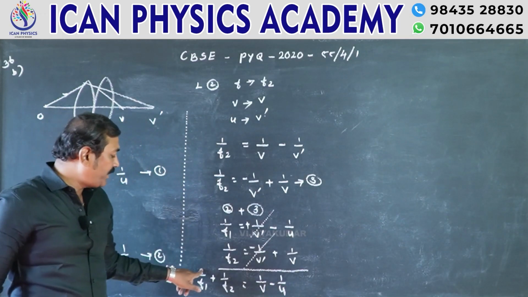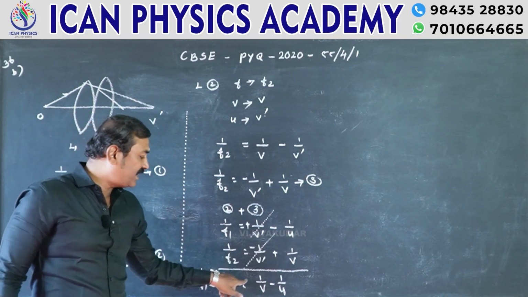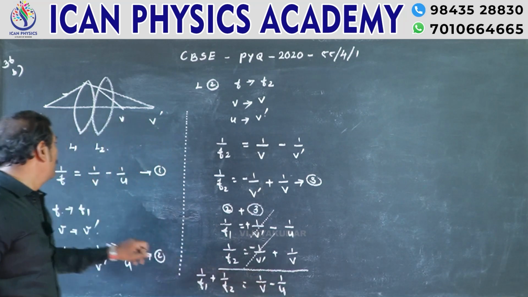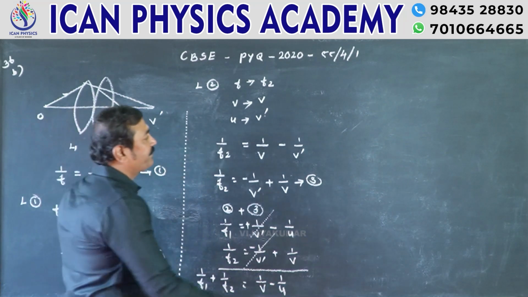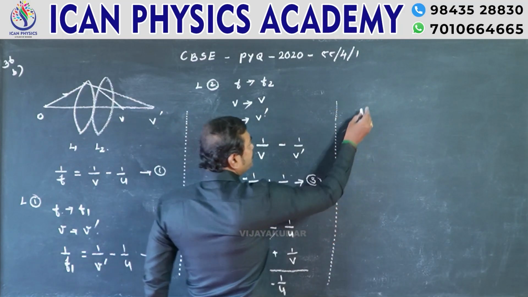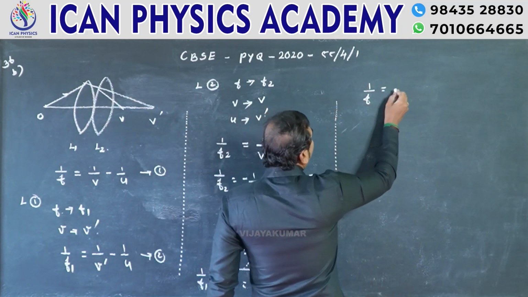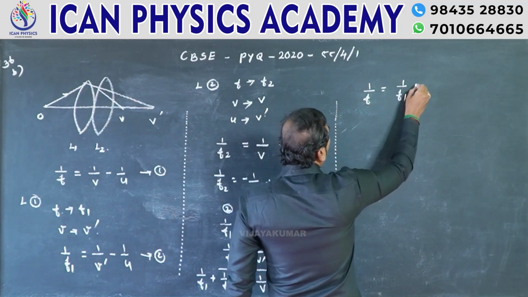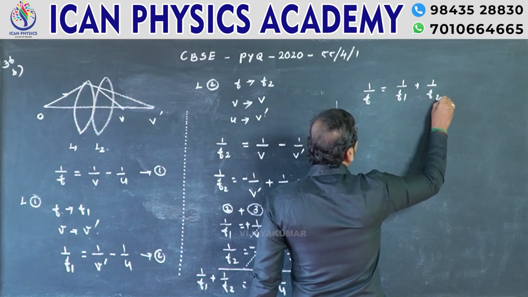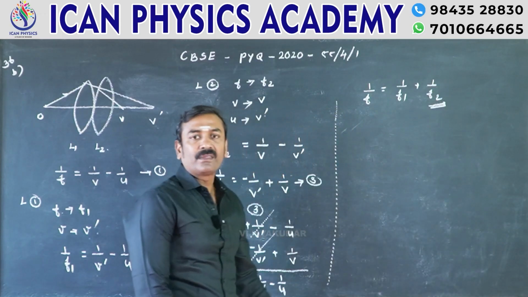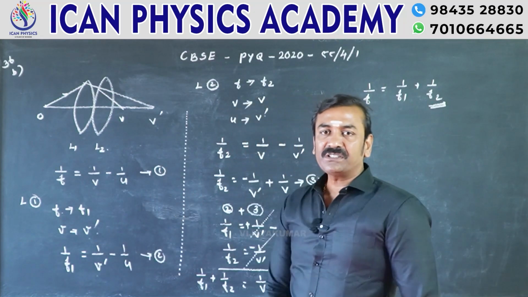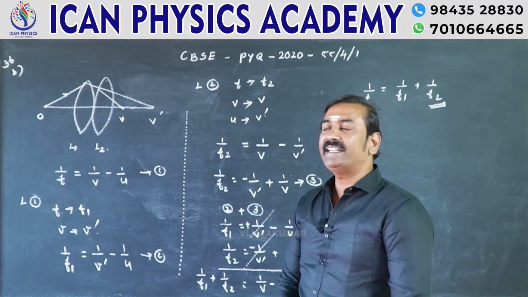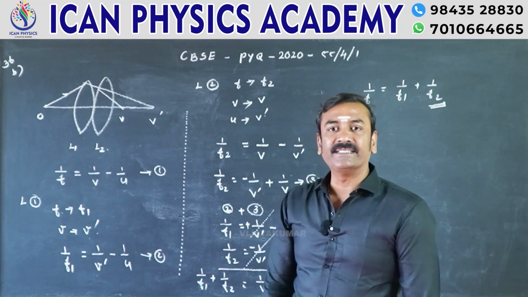So 1 by f1 plus 1 by f2 equal to 1 by v minus 1 by u. What is 1 by v minus 1 by u? That is 1 by f. So the formula becomes 1 by f equal to 1 by f1 plus 1 by f2. This is the focal length of a combination of convex lenses when coaxially placed.